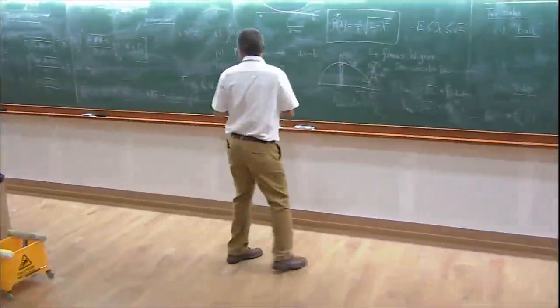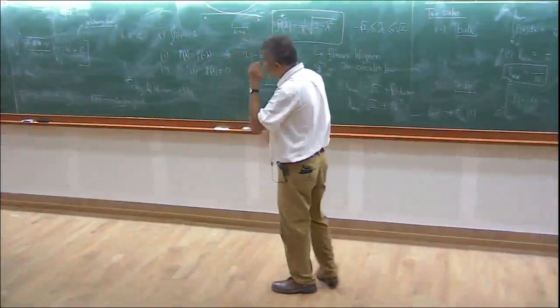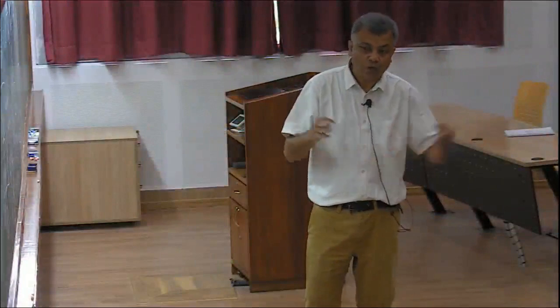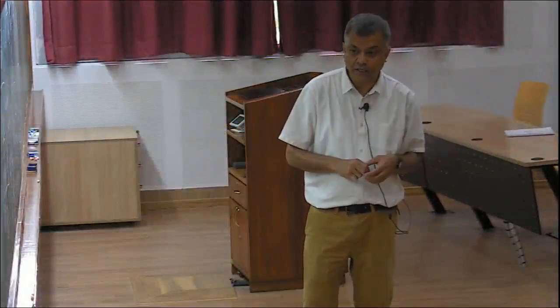People found, actually even before the KPZ, this random permutation problem. Again, I don't have time to go through all these details, but you can find them in a few of the articles that I cited in the course outline. There are plenty of popular articles also.